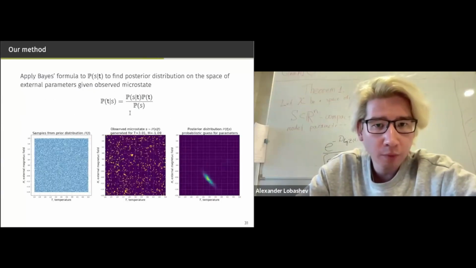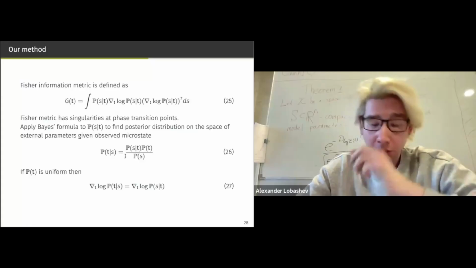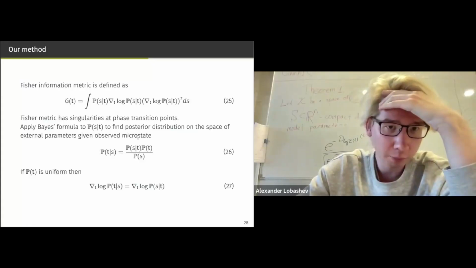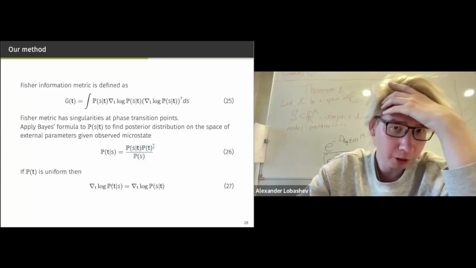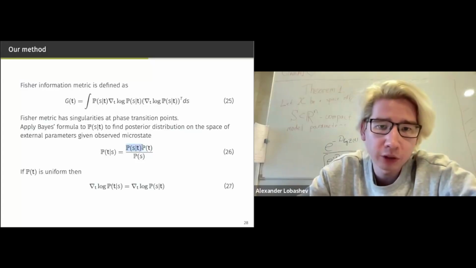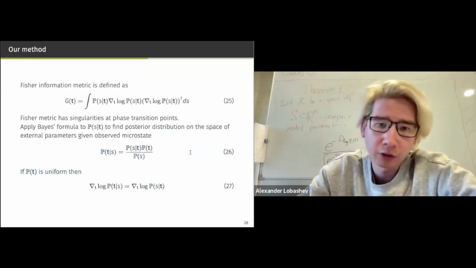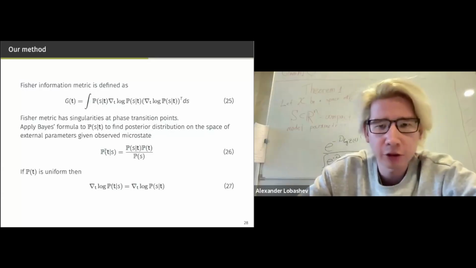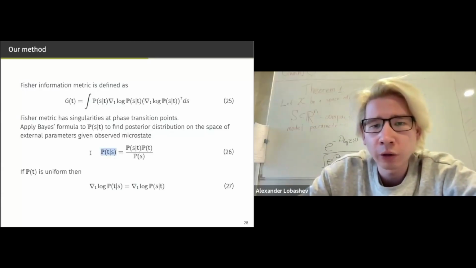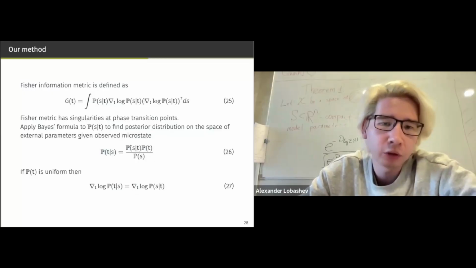And the idea here, which is similar to the idea of the proof of this main theorem, is that we apply the Bayes formula, and the Bayes formula gives us a relation between the original generative model prior distribution and our posterior distribution on the space of parameters. So this is a somewhat simpler justification of why knowing all the posterior distributions is equivalent to knowing the original distribution.